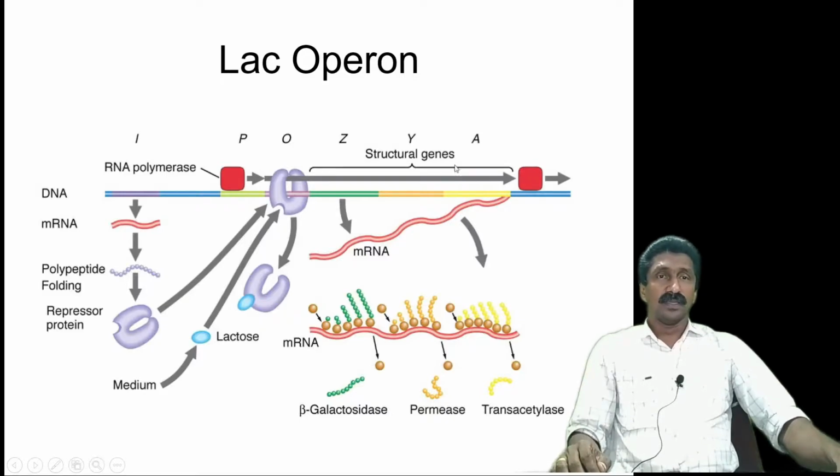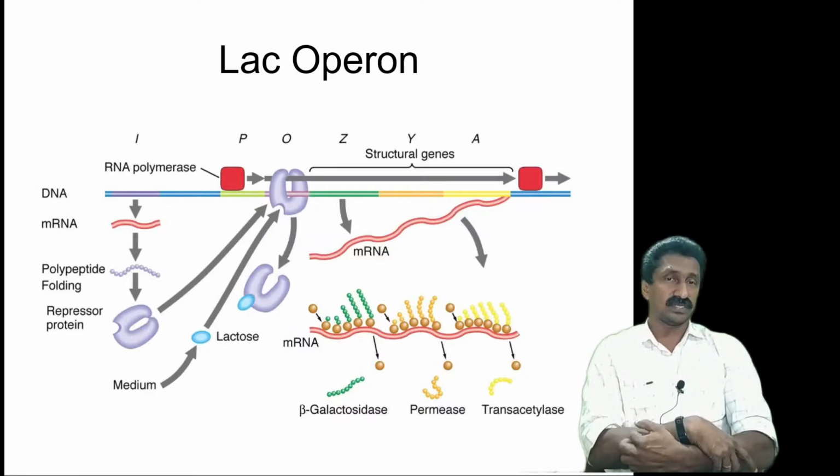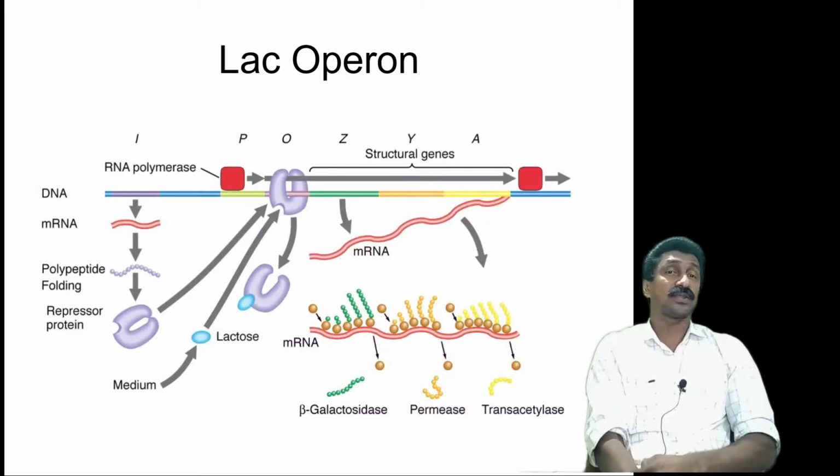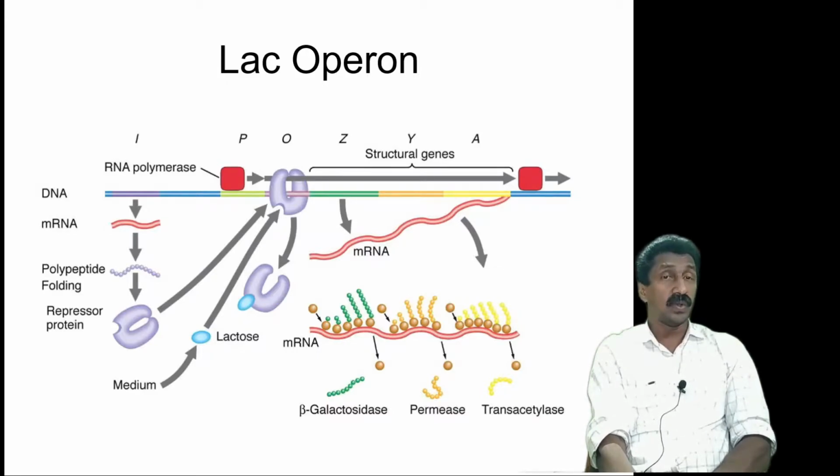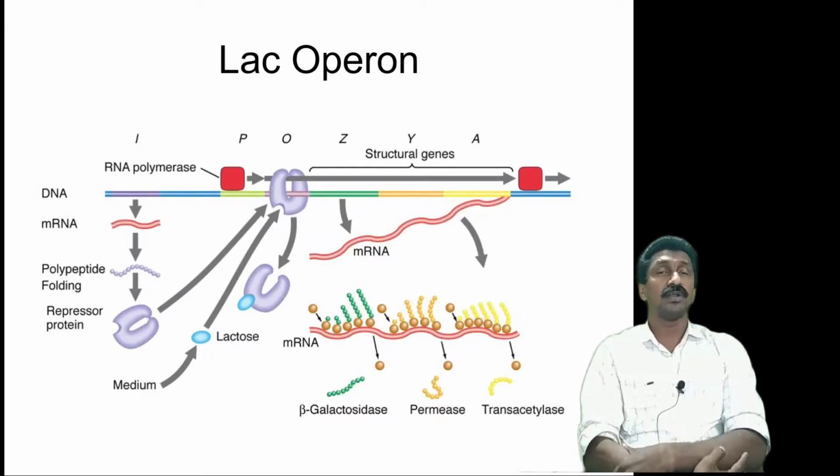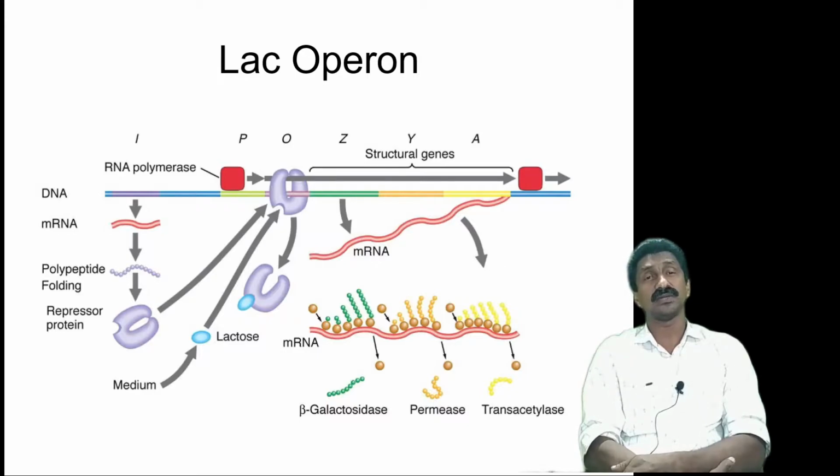Okay. Now, in the medium, there is lactose. If there is lactose present, normally it is not lactose that acts as the inducer in the lac operon. As you know, it is allolactose, which is an isomer of lactose. And why is allolactose used instead of lactose?